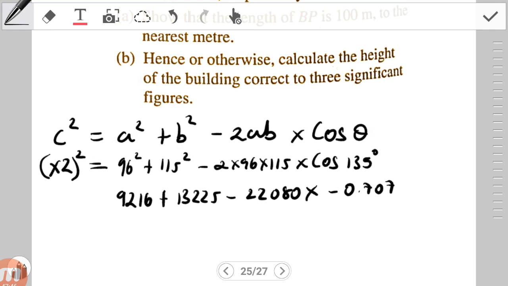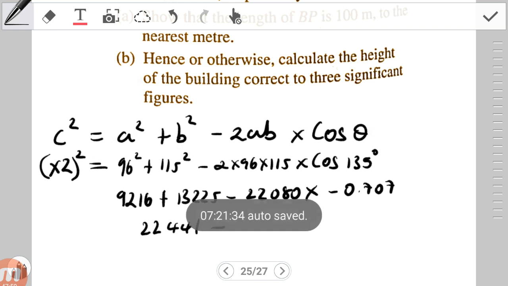So if we add and multiply, 9,216 plus 13,225, we get 22,441 minus 22,080 multiplied by negative 0.707.